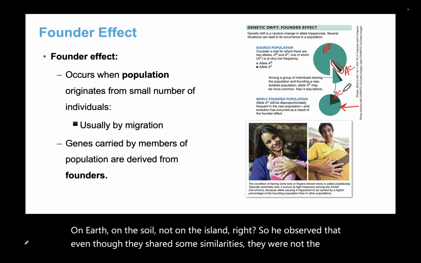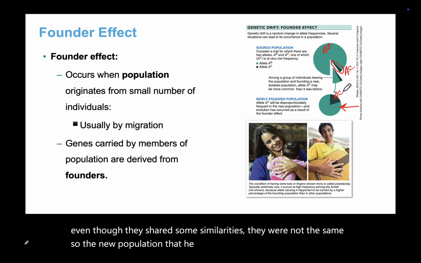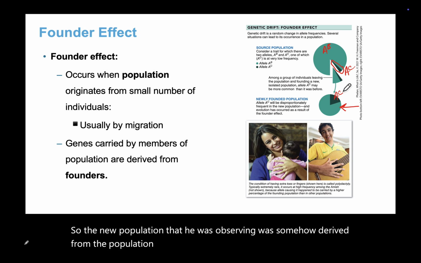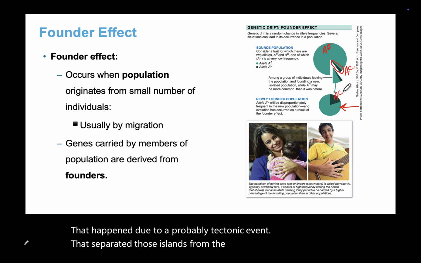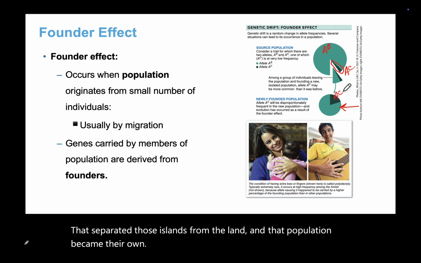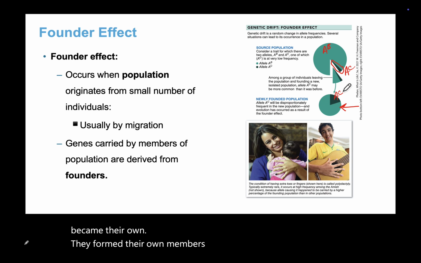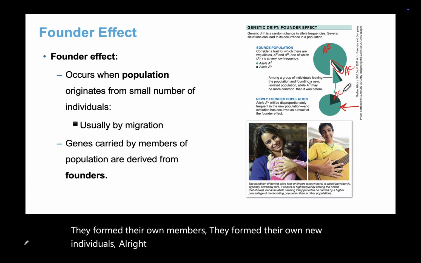The new population was somehow derived from the population on the land. That happened due to a probably tectonic event that separated those islands from the land, and that population formed its own new individuals. So this is very common to observe in nature.